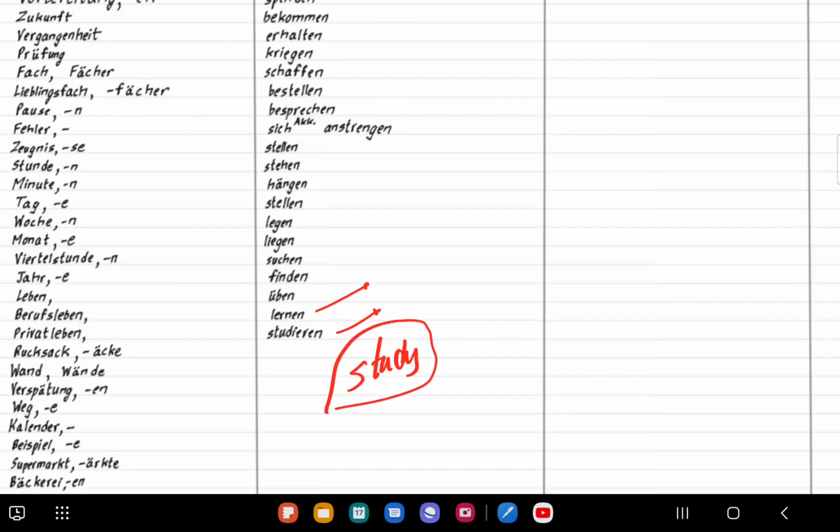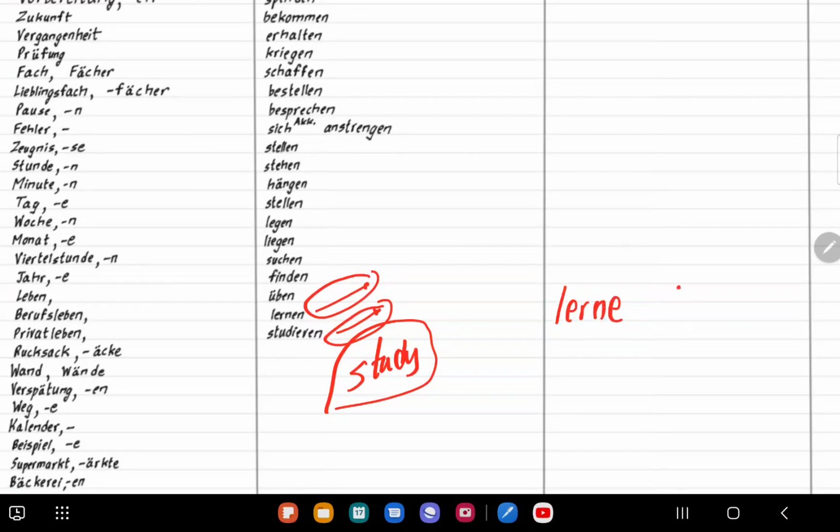So when you are learning something which does not describe your entire major or masters, then don't use studieren, use lernen. Use studieren only when you're talking about your major, what you are majoring in.